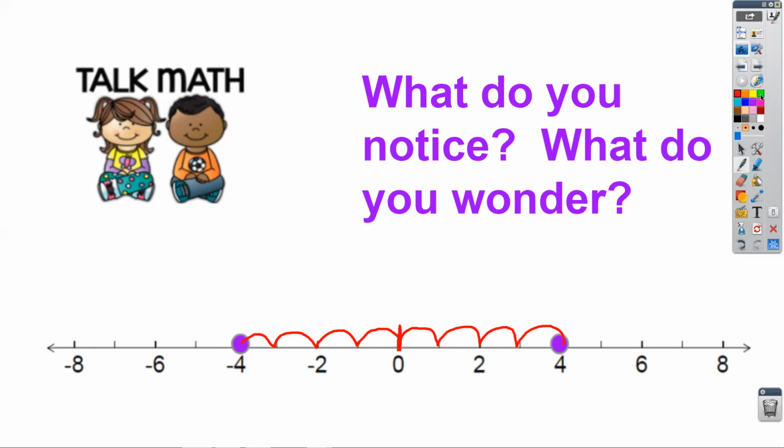And I wondered if I were to cut this number line in half or fold it in half, if every single number, not just the ones listed, would lay on top of each other. Just like if I were to fold it, the 2 matches up with the -2 and so on. So there are many things that you may have mentioned about what you notice and what you wonder.